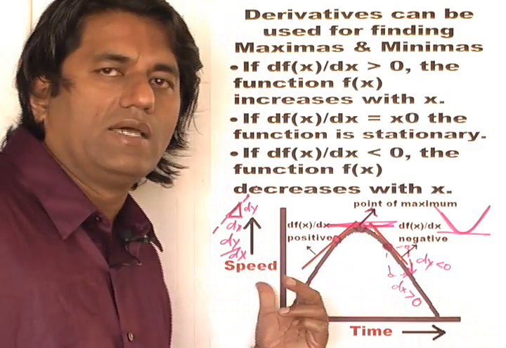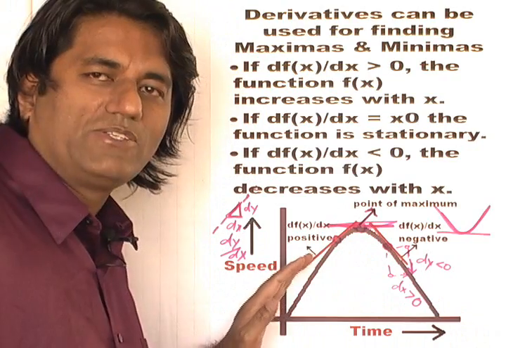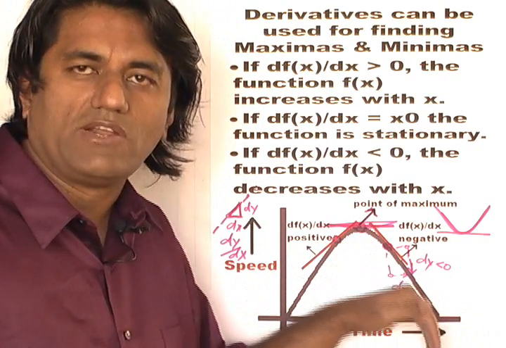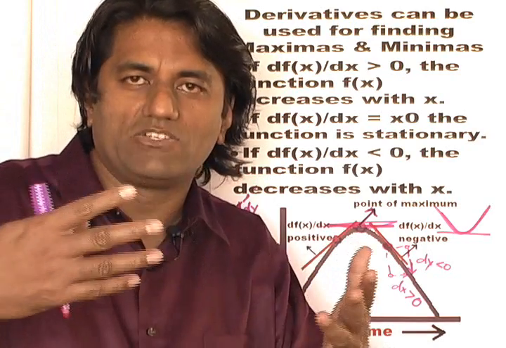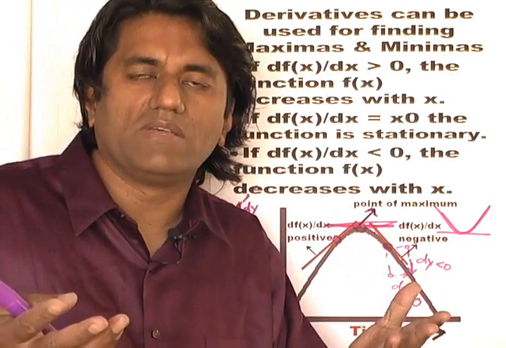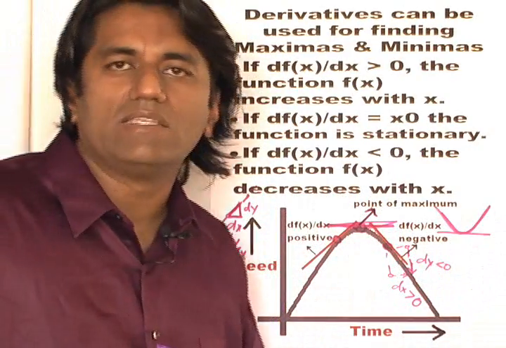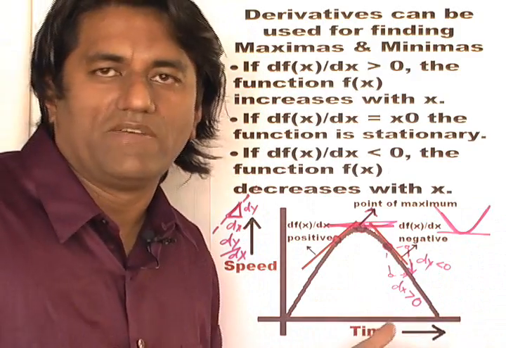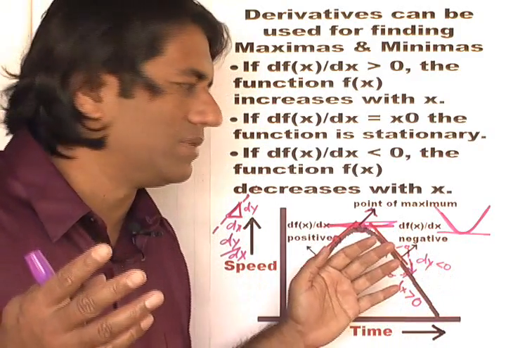So here the second derivative is going to be negative, because the first derivative is falling as we move along the x-axis. So the second derivative being negative is the condition for maxima.